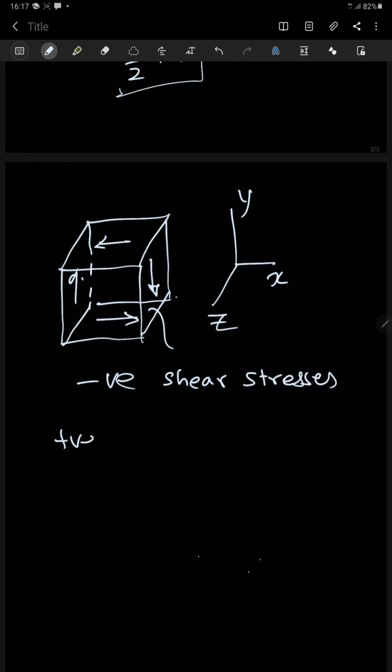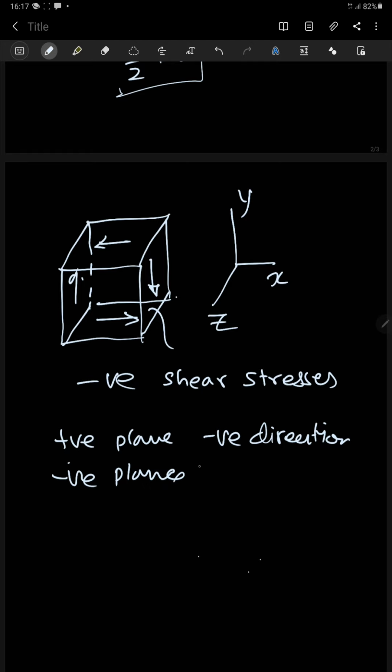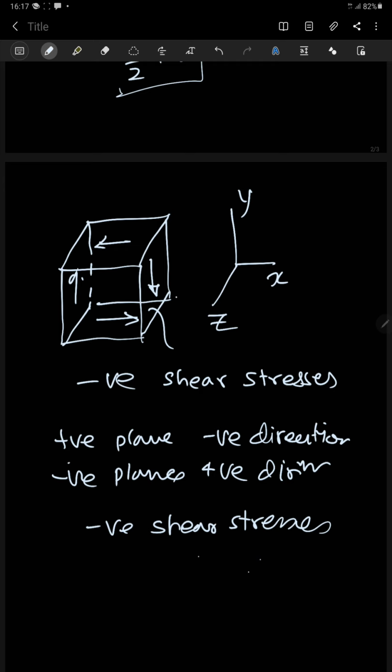So, positive plane and negative direction, and if shear stress is acting on negative planes and positive direction, these are negative shear stresses. So, it is the complete set of shear stresses, not that one shear stress independently will become negative or positive; the entire set will become positive or negative.